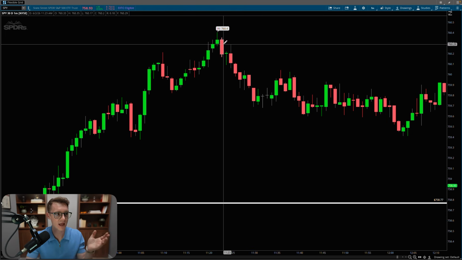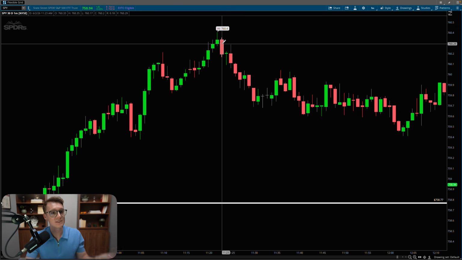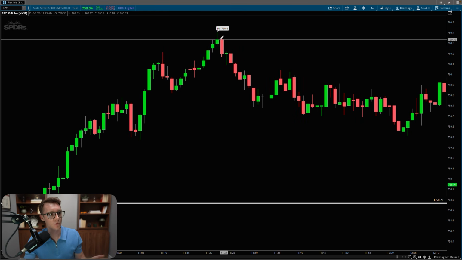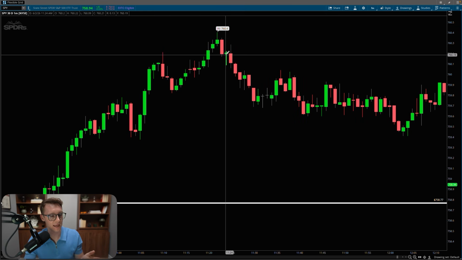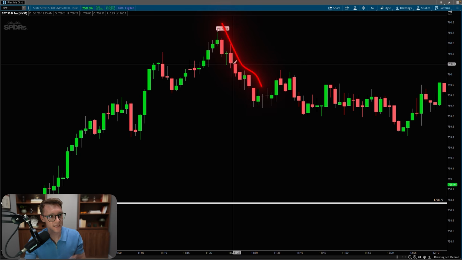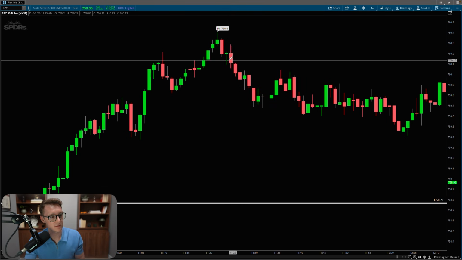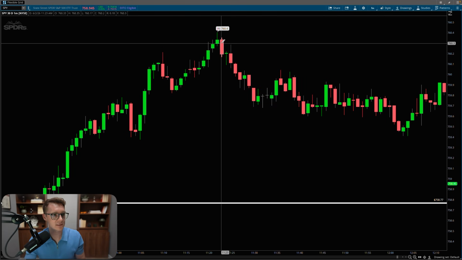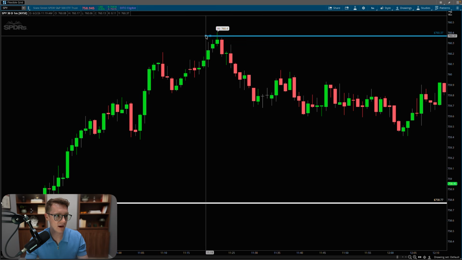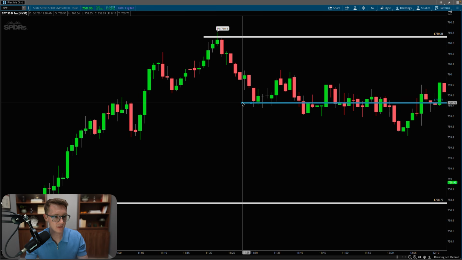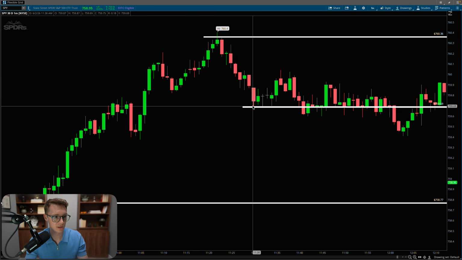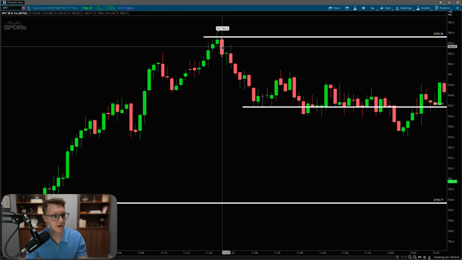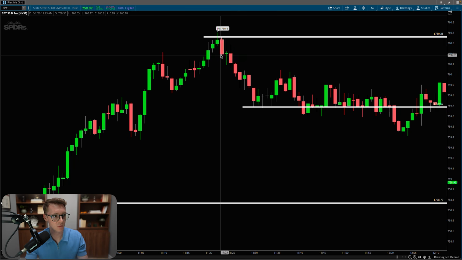So that just means that instead of buyers being in control, sellers were in control. Okay, there was more money leaving SPY, therefore the price started to move down. Now it wasn't every 1 minute candle that closed lower, but we could see from that high, if we chart this out here, and then down to this red candle before price started to flatten out, we were in this temporary bearish trend. So sellers were in control.